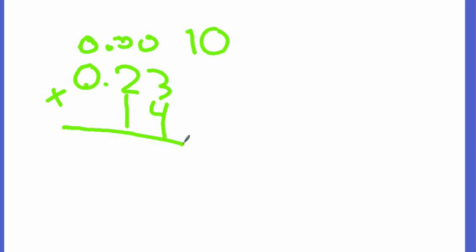So the standard algorithm would be 3 times 4. 3 times 4 is 12. The 4 times 2 is 8 plus 1 is 9.